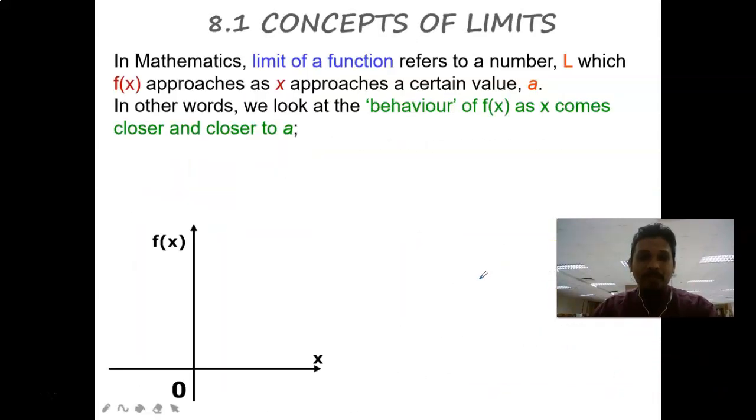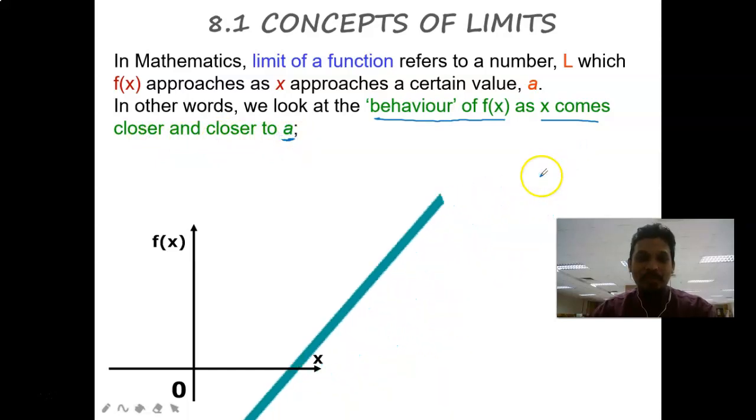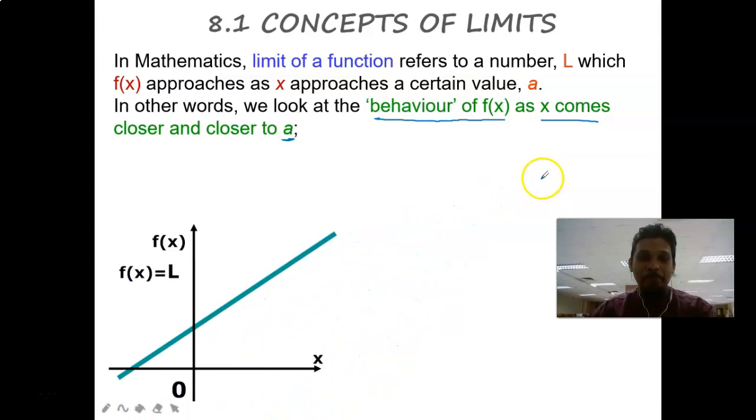In mathematics, the limit of a function refers to the number L which f(x) approaches as x approaches a certain value a. In other words, we look at the behavior of f(x) as x comes closer and closer to the value of a.